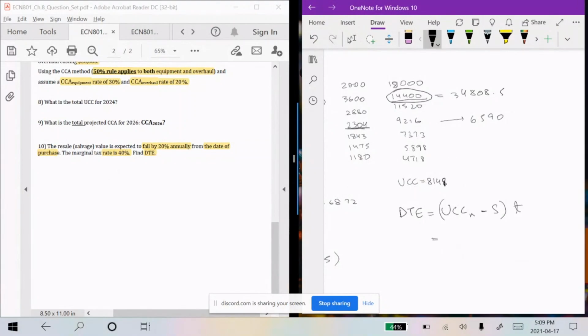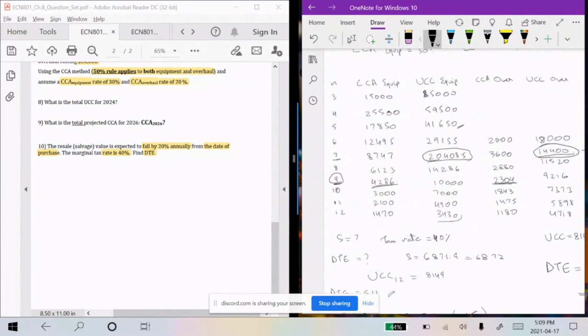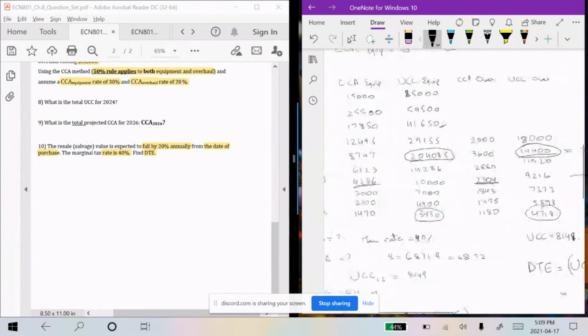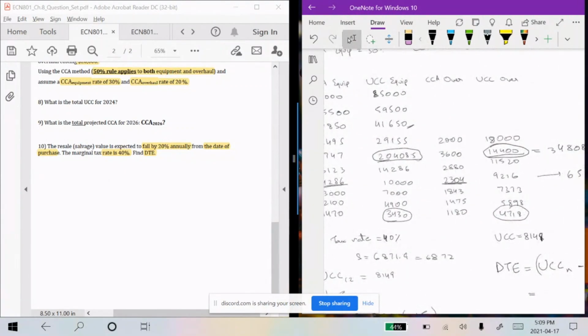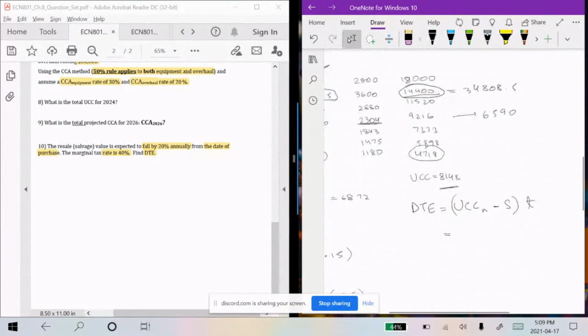Okay. So now the final UCC we got was this plus this: 430 plus 4718, which you get as 8148. All right. So this is the final UCC, 8148.